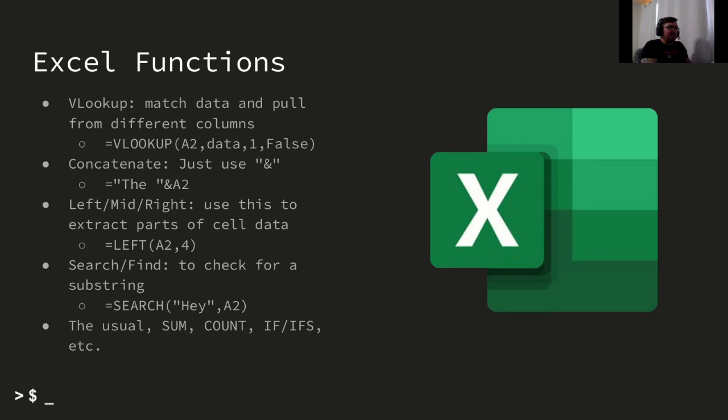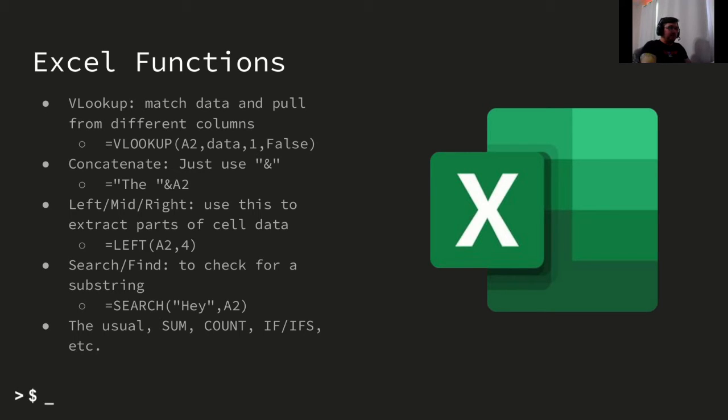Some of the Excel functions that will be really useful in log analysis are VLOOKUP, which allows you to match data in different rows, and I'll show you an example of that. Concatenate: there's a function called concatenate, but I prefer just to use the ampersand, which will produce a new string for you.